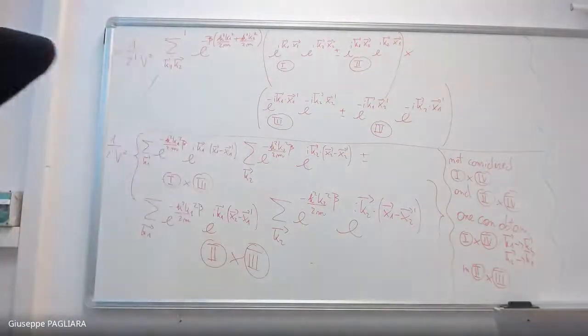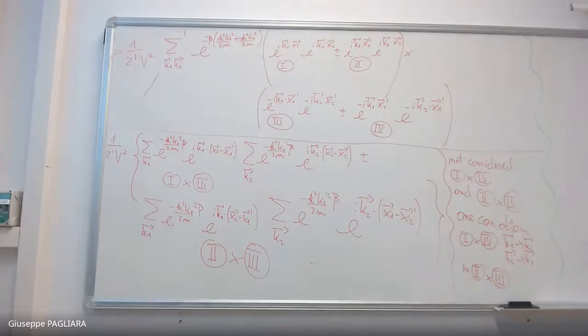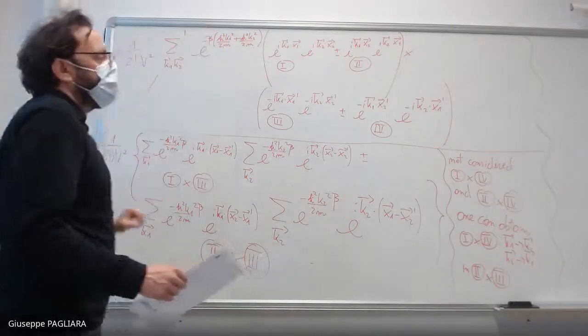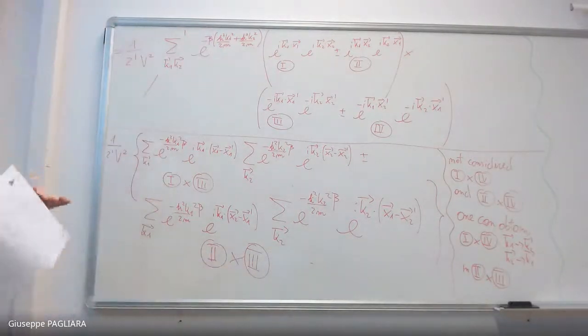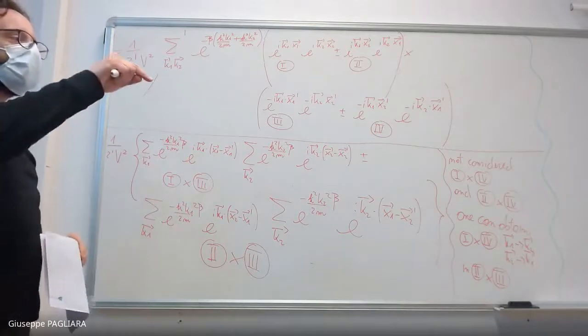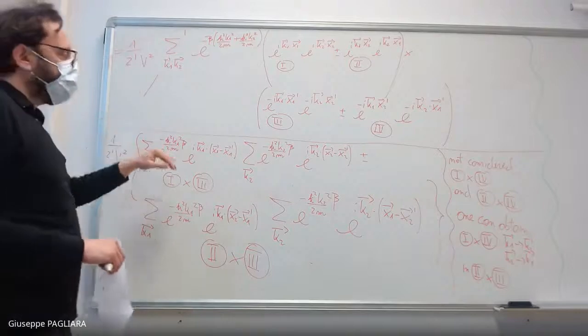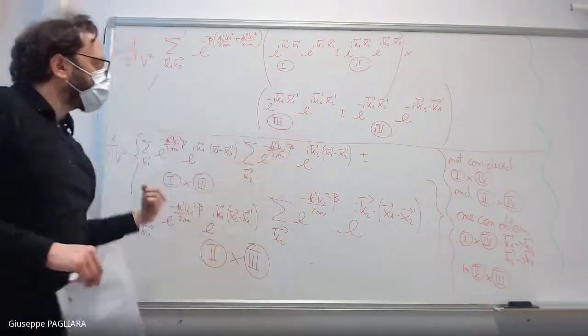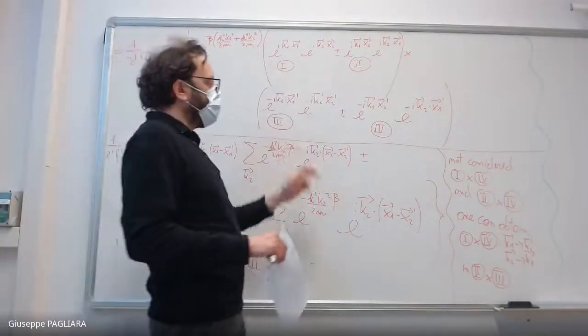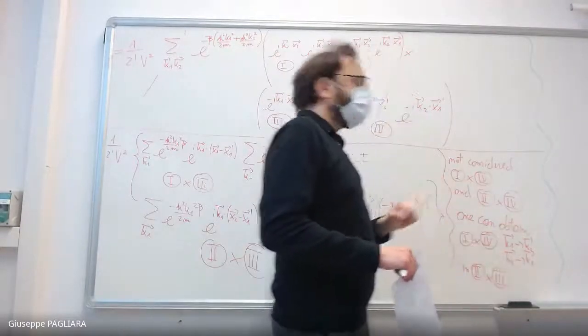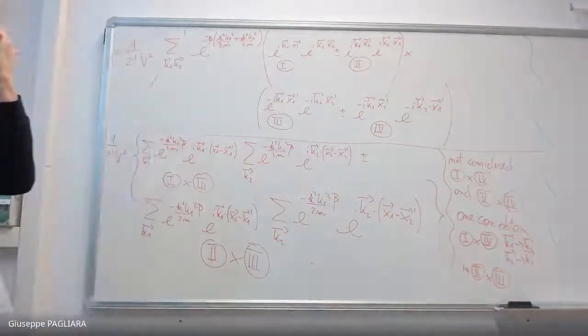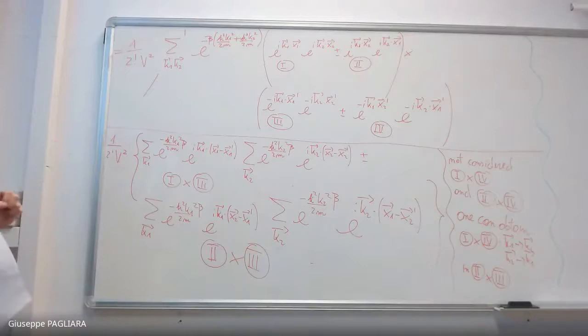So it should be correct, and I checked it yesterday again. Since the sum was done in a way to exclude the cases in which K1 is going to K2 and K2 is going to K1, I have to consider this fact. And so I'm excluding indeed the products in which I can have those exchanges. It's a little bit tricky, but if you think about it, it's correct.